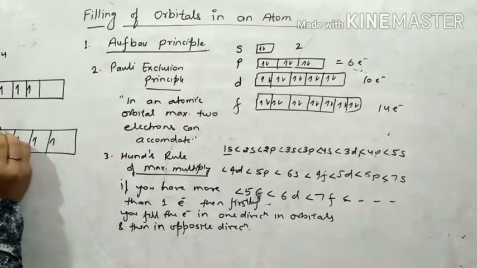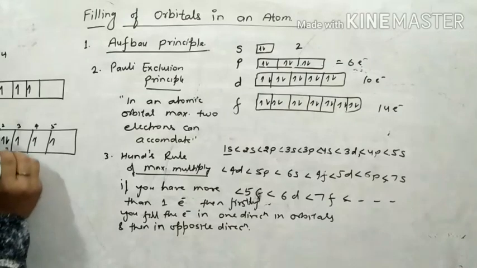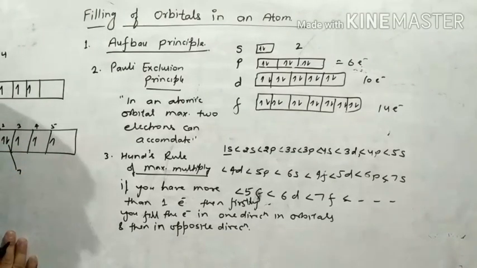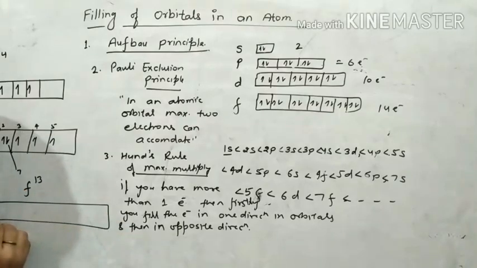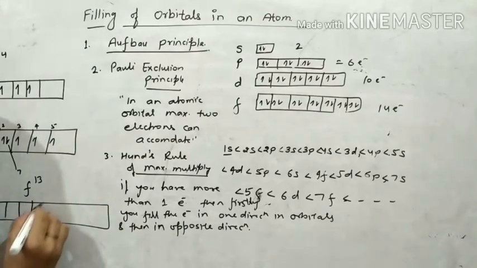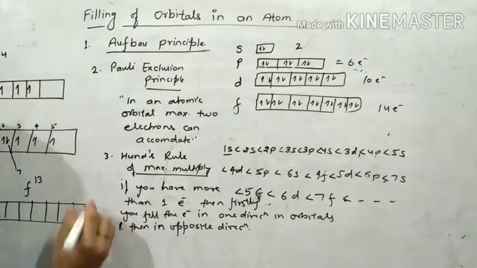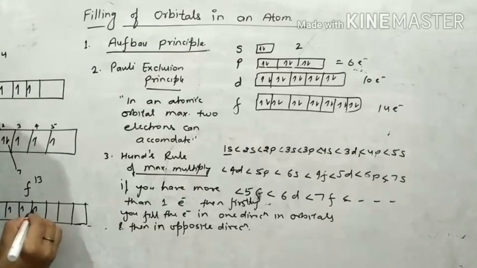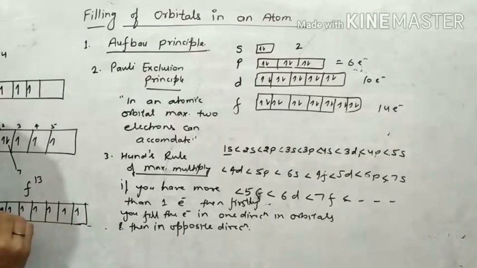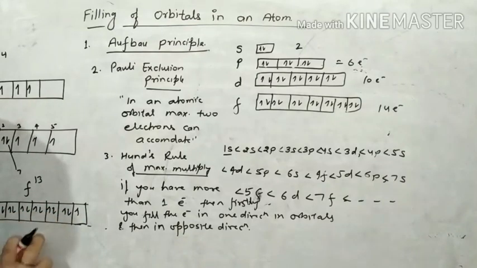In case of f13, f has 7 atomic orbitals; firstly you fill 1 to 7, then 8 to 13.